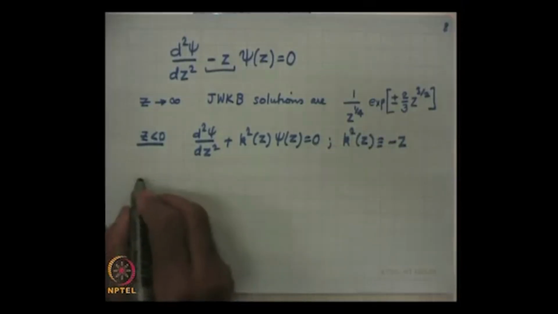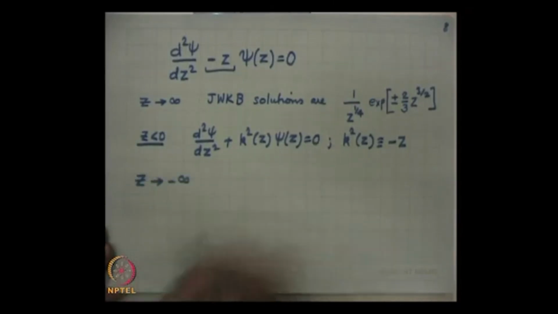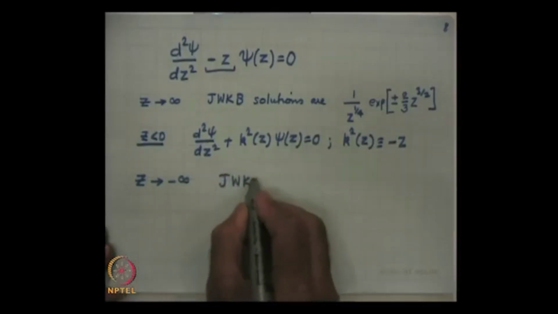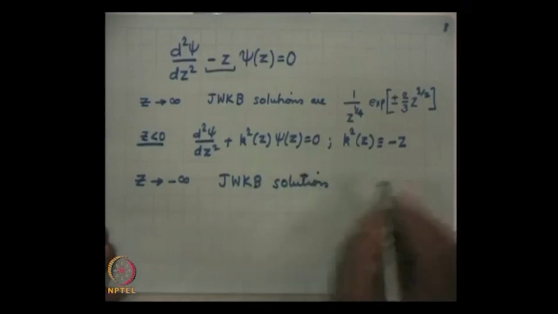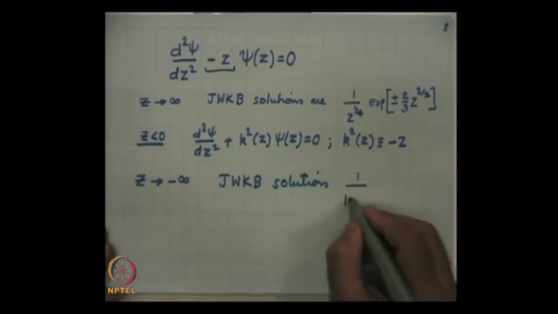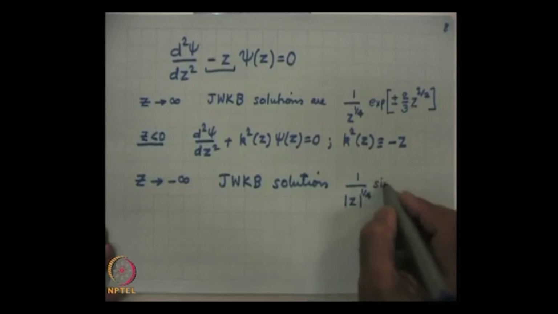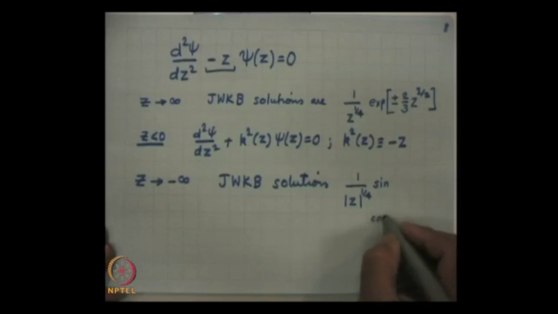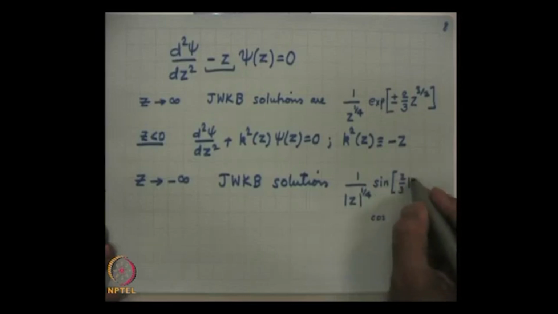And then as z tends to minus infinity, the Jwkb solutions are 1 over mod z to the power of 1 by 4, because now it becomes minus z, and then sine or cosine, with 2/3 mod z to the power of 3 by 2 plus phi.